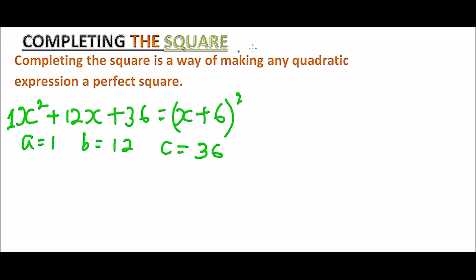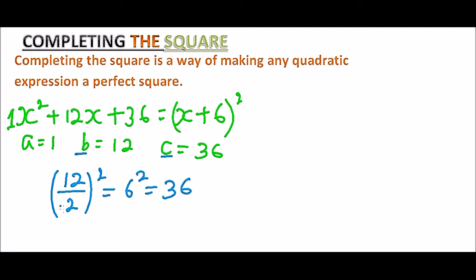Then from there, we find, what is the relationship between b and c? We find that when you divide 12 by 2 and you square, it is equals to 6 squared, which is the same as 36.